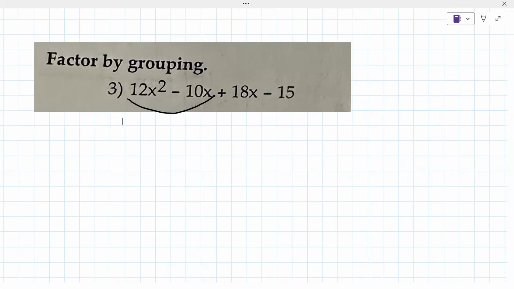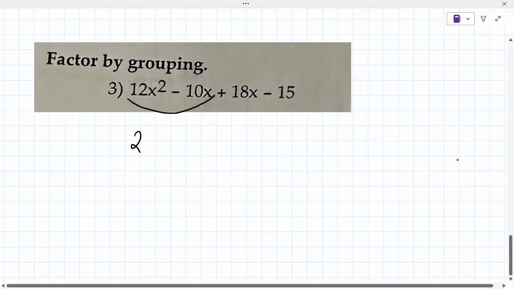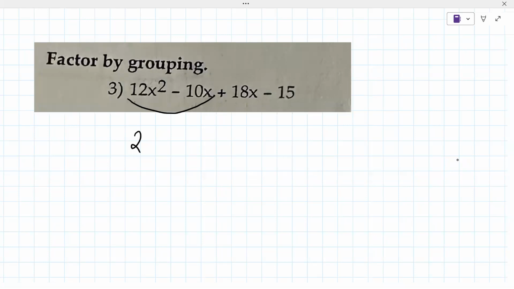Just like we've been doing. 2. It is two. And I do apologize, I see the internet is a little bit less stable than it normally is. Yeah, so 2 goes into both. How about between the x squared and the x? Just the x.